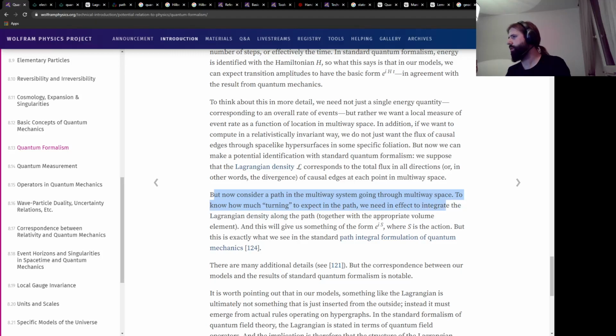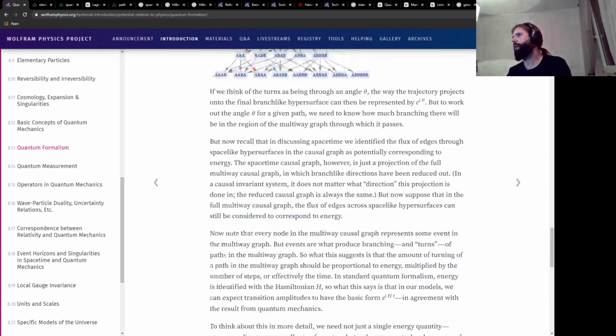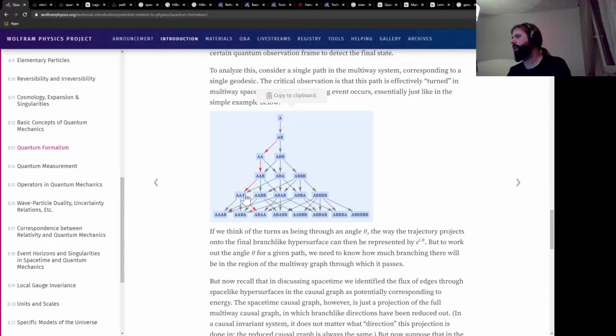We need to integrate the Lagrangian density. No matter how much turning to expect in the path, we need in effect to integrate the Lagrangian density along the path. So how would you know how much turning to expect in the path? You're here and you know how much turning you're going to expect looking forward.